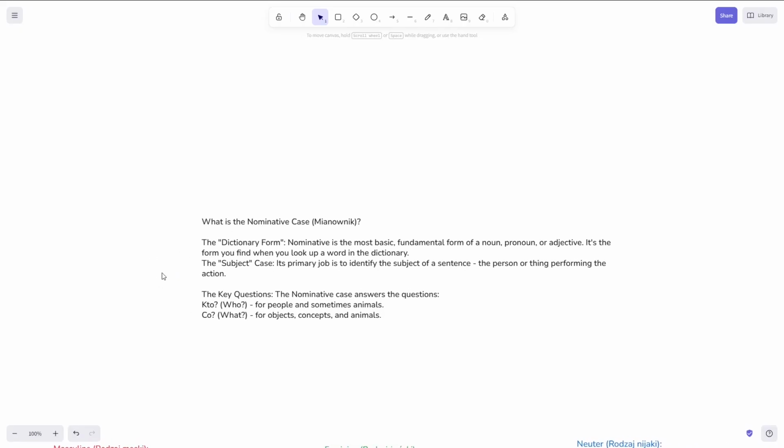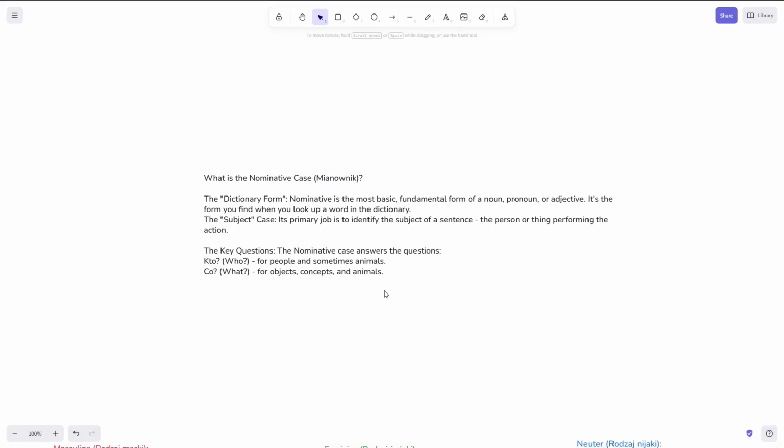Okay. So starting off, what is the nominative case? It is Mianownik in Polish, okay? It's the first case and it is basically the dictionary form, so the most basic fundamental form of a noun, pronoun, or adjective, okay?